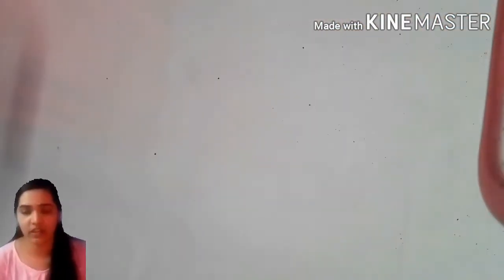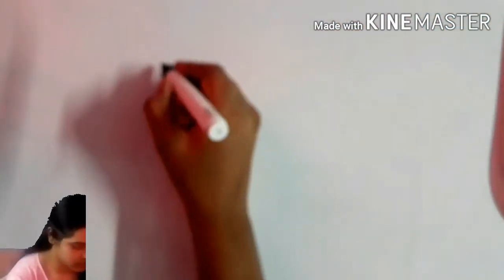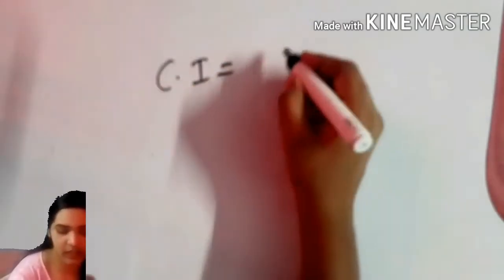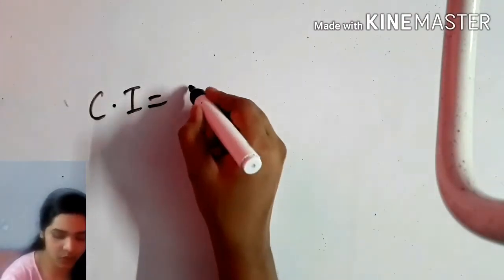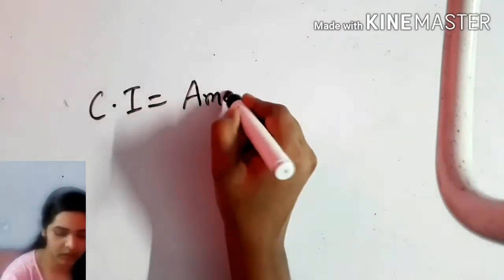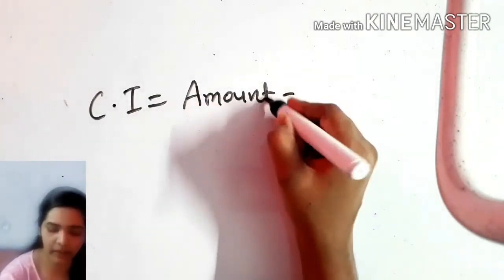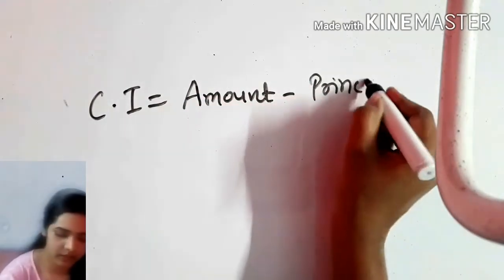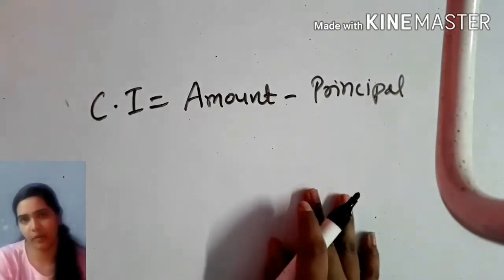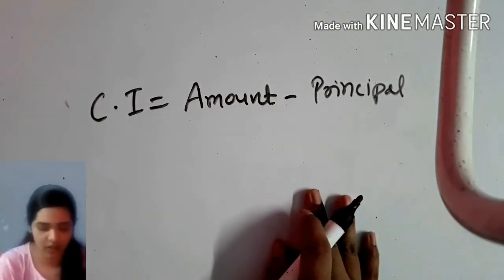Let's derive the formula for compound interest. How to find the compound interest? Compound interest is equal to the amount that is received at the end minus principal, that is the extra charge compound interest is giving to us.